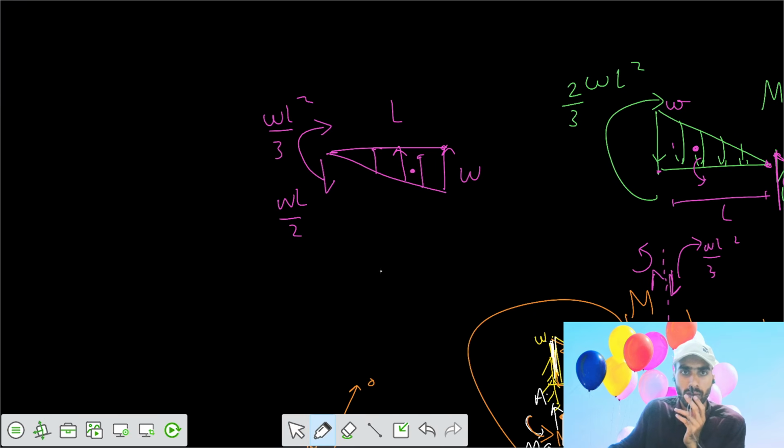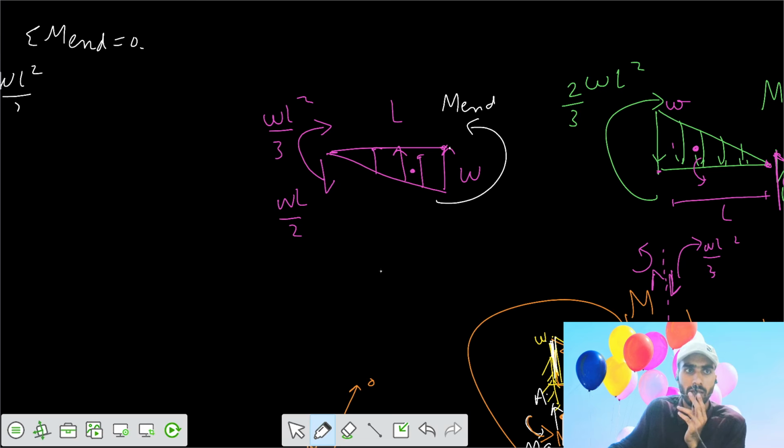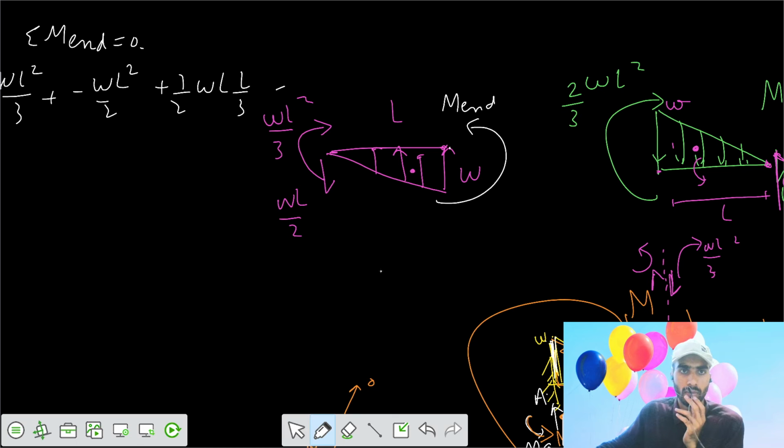Say we want to find the moment at the end. Summation of moments at the end equals 0. We can write WL square by 3 clockwise, plus minus WL by 2 into L, and the loading intensity clockwise 1/2 WL acting at L by 3, minus M end equals 0.